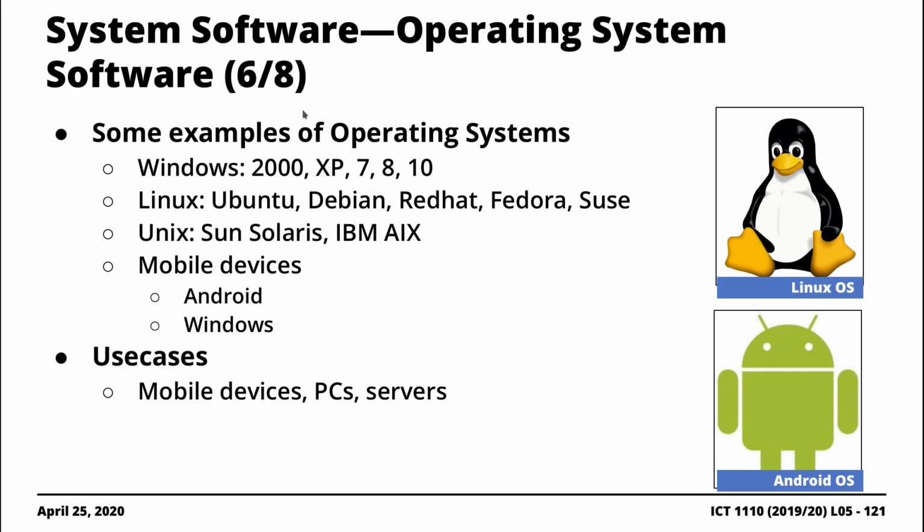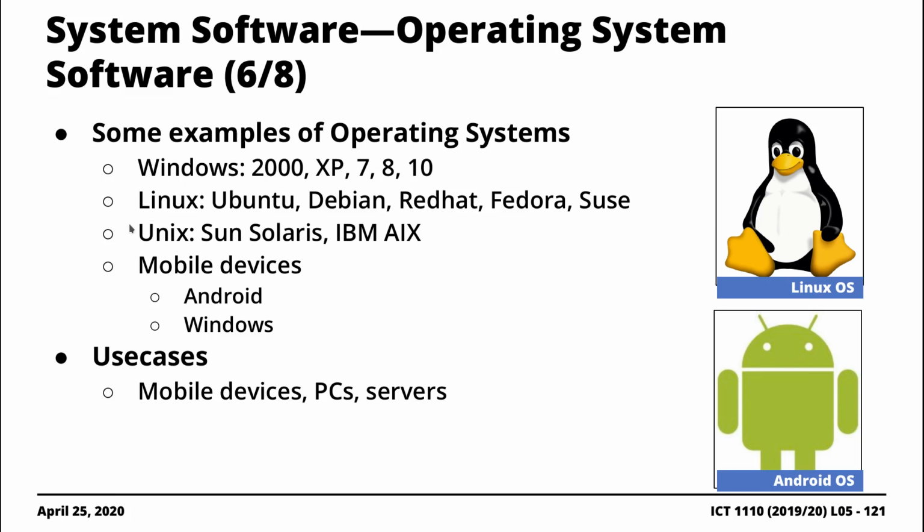But you notice that we have name brands like Windows, Linux, and Unix, and certain esoteric mobile operating system software, for instance, right? Like Android, for instance, Windows Mobile. These are just some examples. There are a lot more out there, right? But just to underscore the fact that there's a broad spectrum of operating system software available out there.